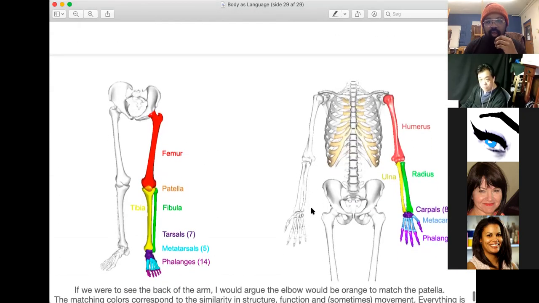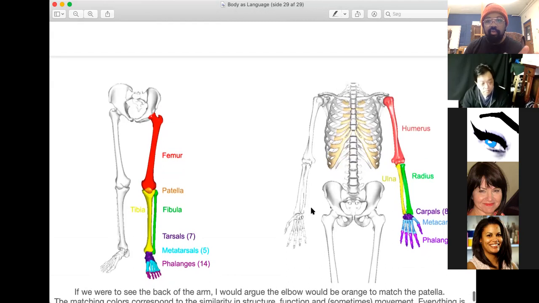So if we look at this image and match the colors to each other, they pretty much relate 100% to each other in terms of both form and function, except for the fibula, because our lower extremity, especially in our lower leg, we need that structural vertical element to hold ourselves up, as well as the shock absorbers in our foot.